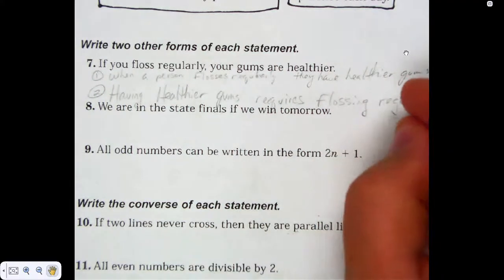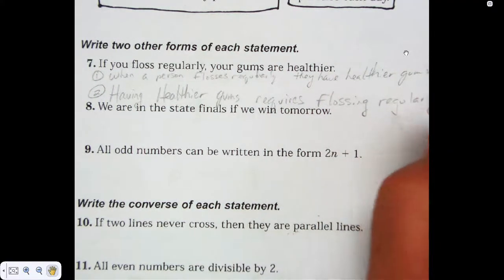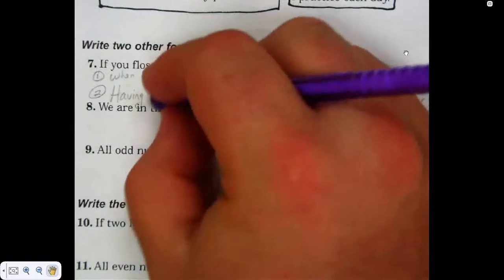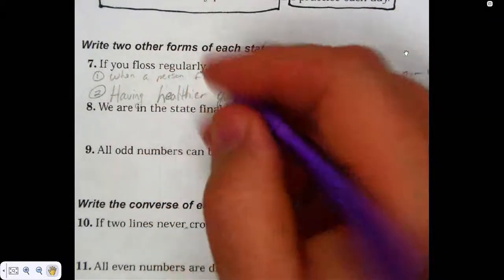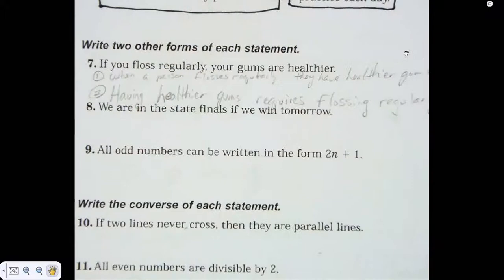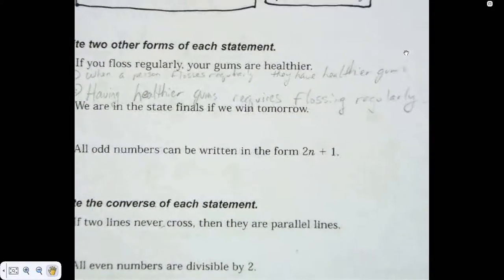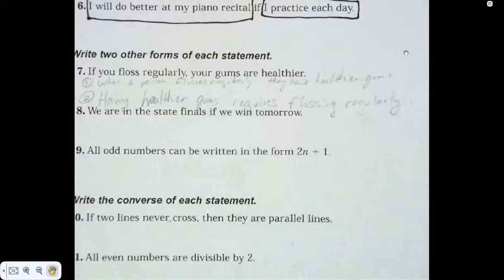Regularly. You guys can probably think of some different ways to write that, can't you? But do both those sentences say the same thing as the other?